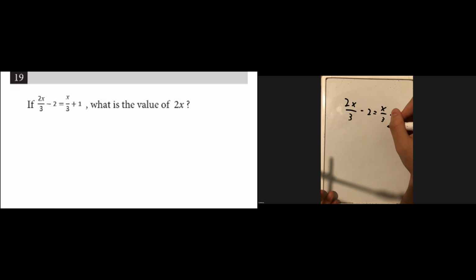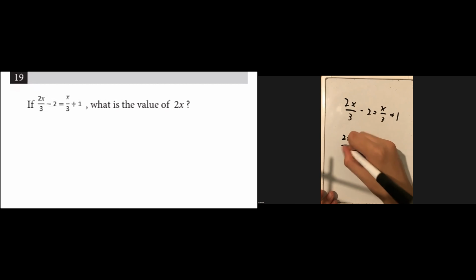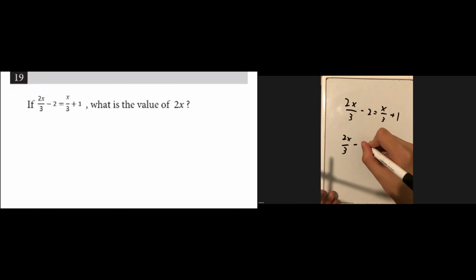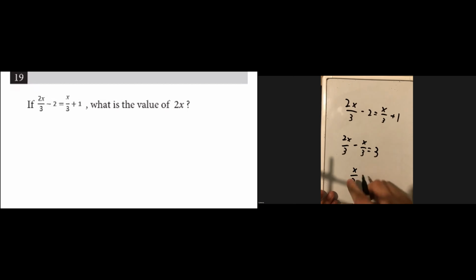And so for this, if we just get all the variables on the same side, we get 2x over 3 minus x over 3 equals 1, and then we add the 2 from here, so equals 3, because 1 plus 2 is 3, and then 2x over 3 minus x over 3 just gets us x over 3 equals 3, and so multiply both sides by 3, and we get x equals 9.